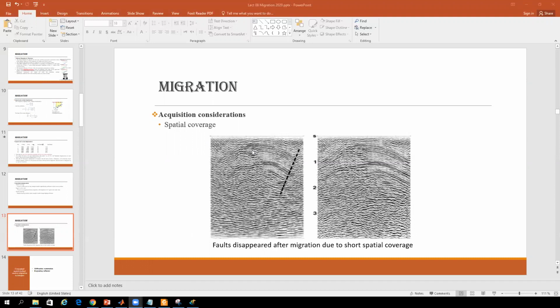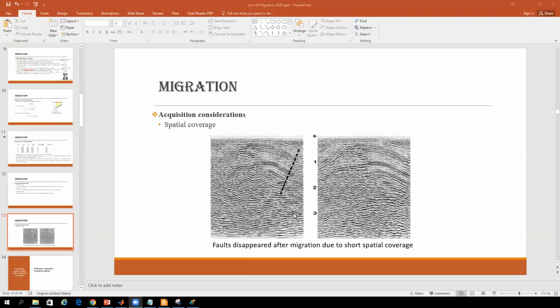So for example, here we have a real example. Here we have a fault which is in the stack section, but after we do the migration, we will not find it. It will be out of the section. Why is that? This is because we did not acquire the seismic data with sufficient coverage. So the target now is out of the section, and we know in interpretation how important faults are.